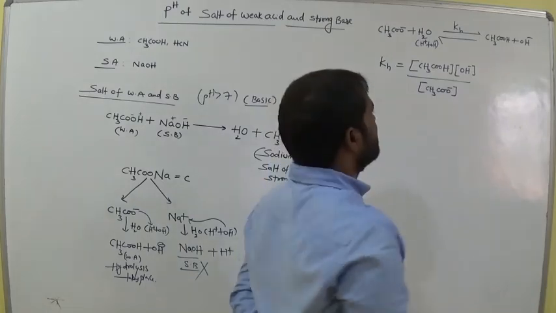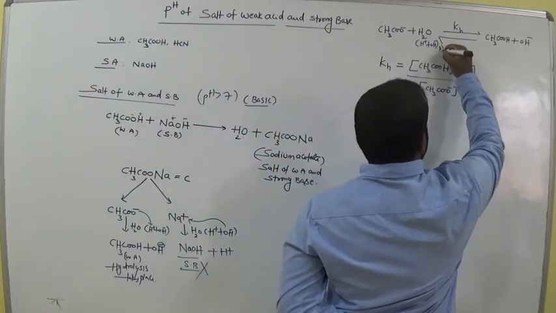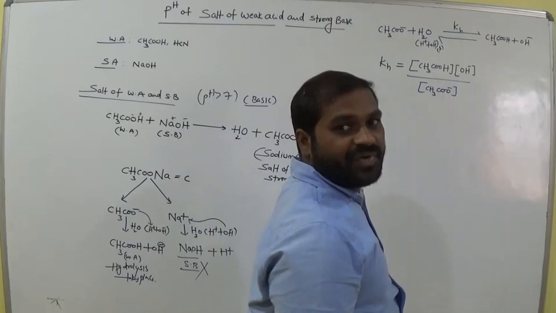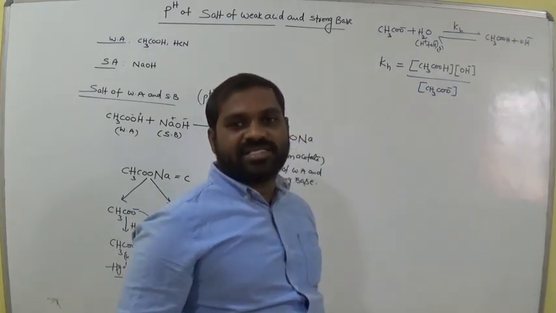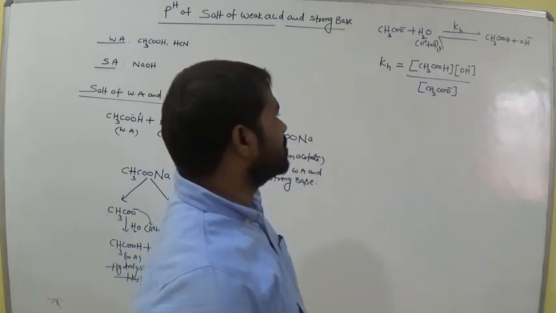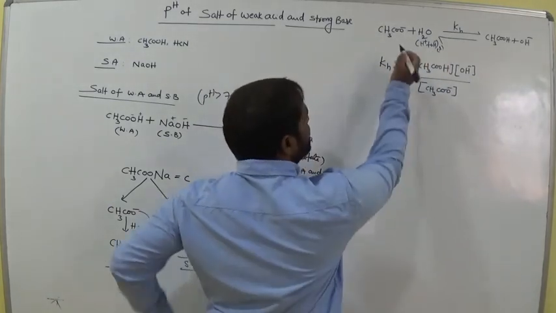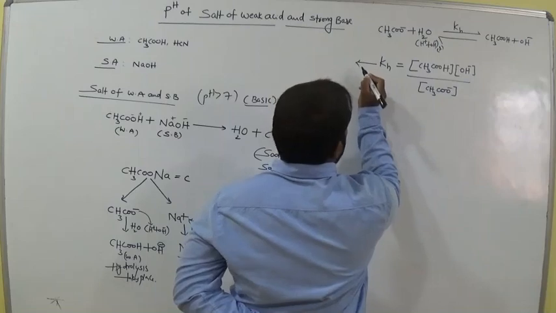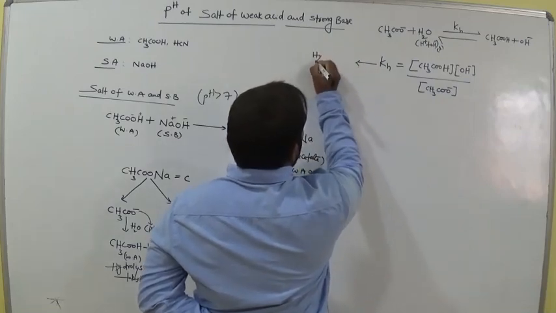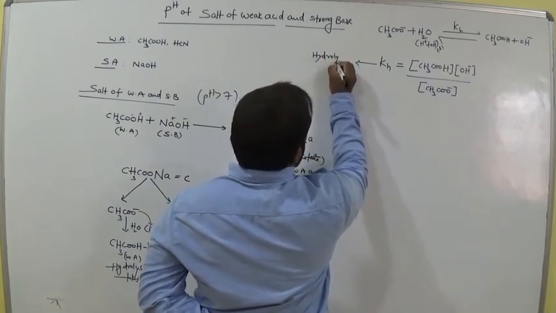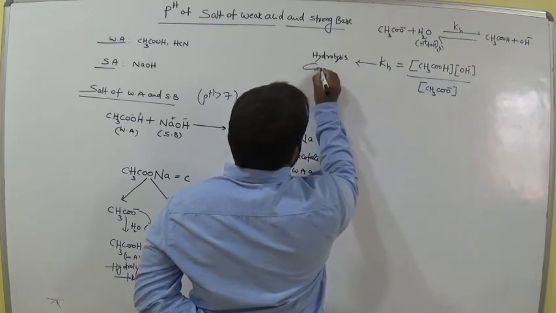We can't consider H2O because it is a pure liquid, and for a pure liquid the molar concentration is taken as constant or unity, so there is no need to write it. KH is the hydrolysis constant. Remember that; we already discussed it.